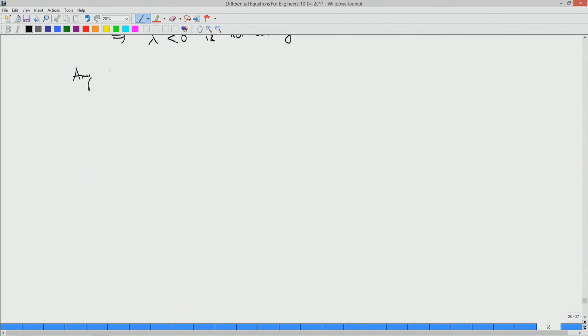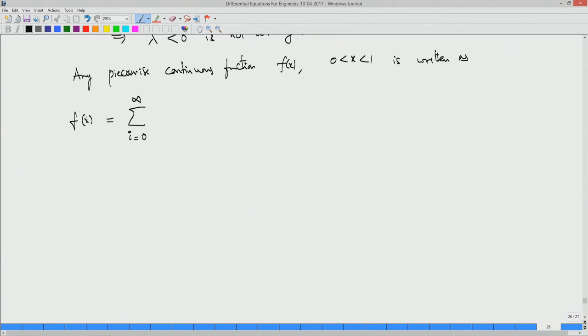So, any piecewise continuous function f(x) which is defined between 0 and 1 is written as f(x) equal to the sum where i runs from 1 to infinity for lambda positive, and lambda equal to 0 corresponds to i equal to 0.